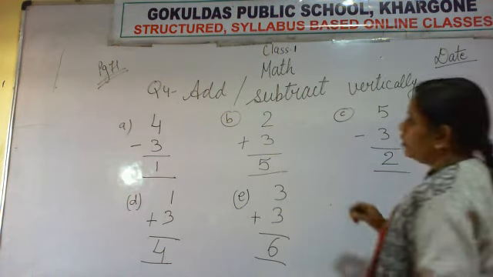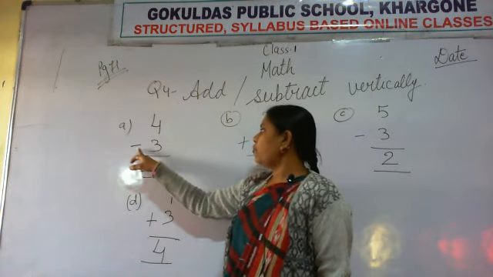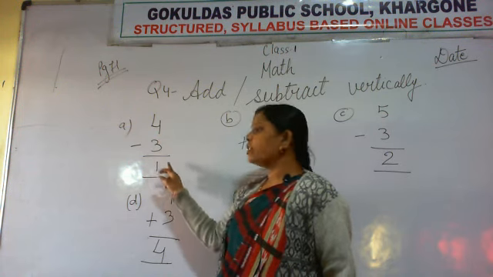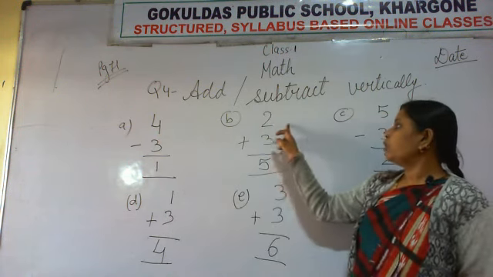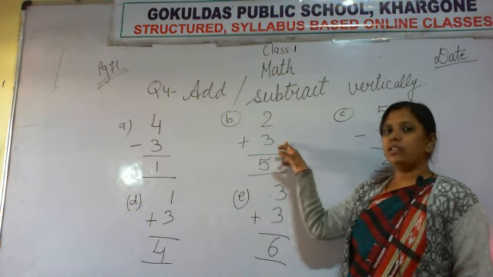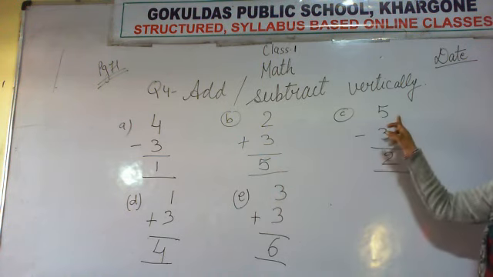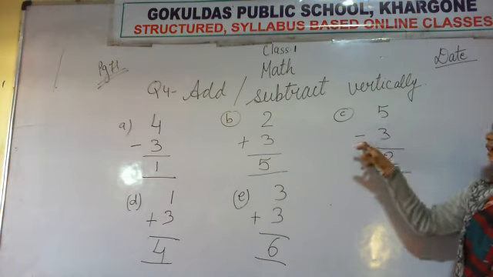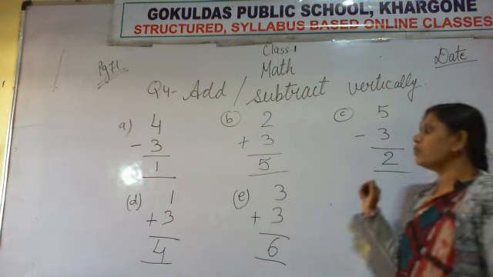Read the questions with me from A. 4 minus 3 is 1. Read again. 4 minus 3 is 1. 2 plus 3 is 5. 5 minus 3 is 2. Repeat. 5 minus 3 is 2.